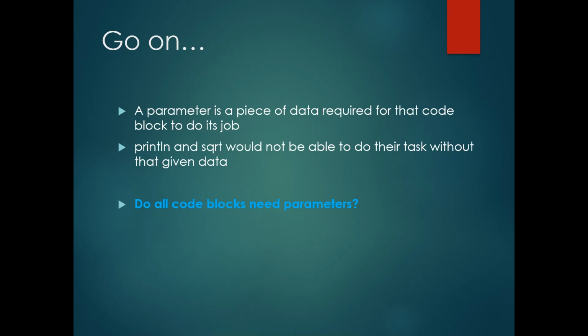Do all methods that we've called, all these math things, all these different commands that we've used over the semester, have they all required parameters? No, they haven't. If you recall, something like input.nextLine doesn't have anything inside the brackets, so we just close the brackets.